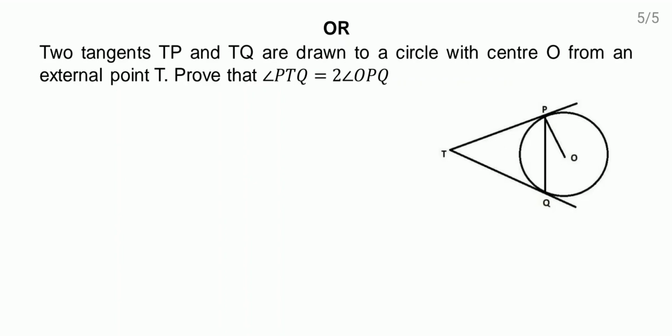TP and TQ are the two tangents drawn from external point T. We need to prove angle PTQ, this angle, is equal to 2 times angle OPQ. OPQ, that means this angle, right? So this angle T is equal to 2 times this angle OPQ, this we need to prove. So what is to be proved is already given.